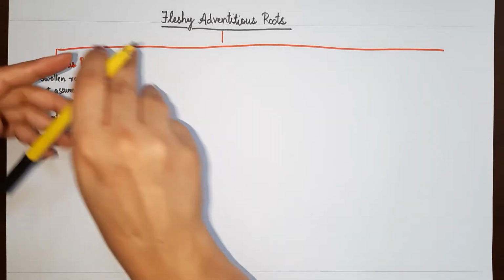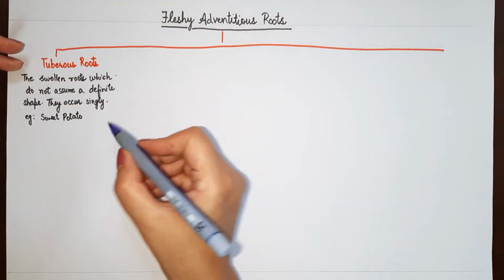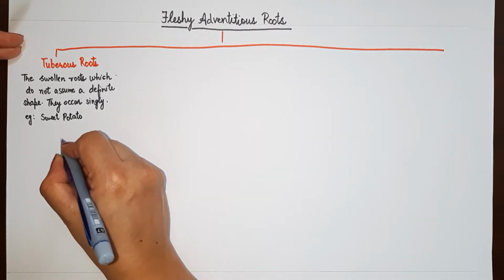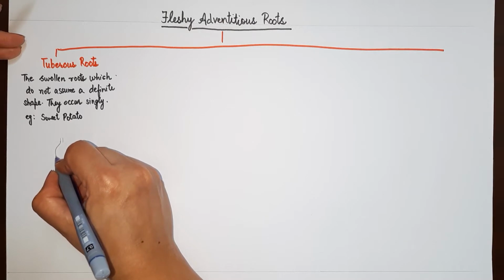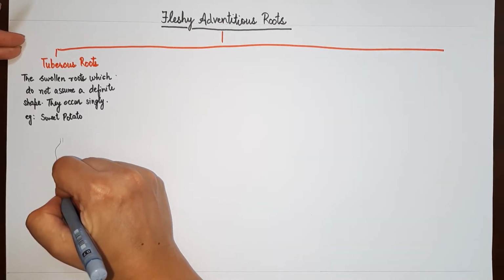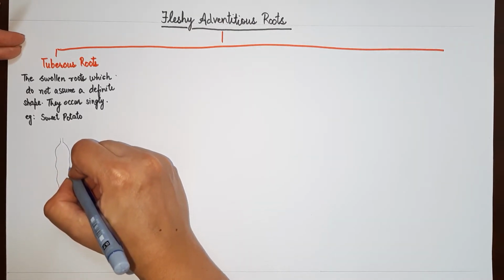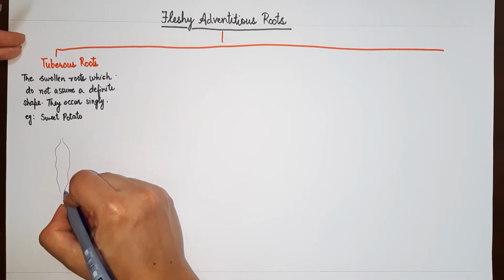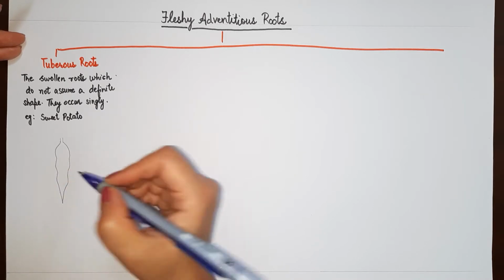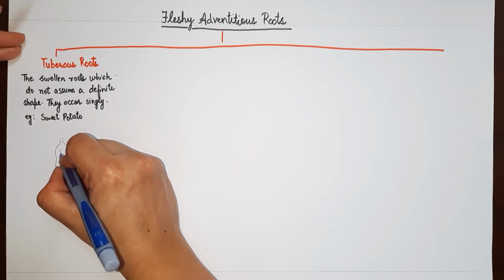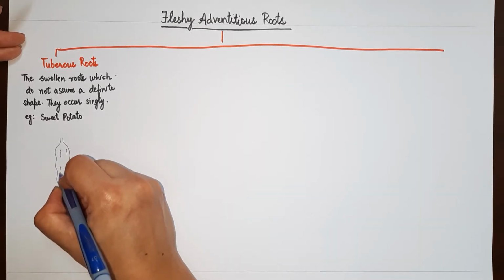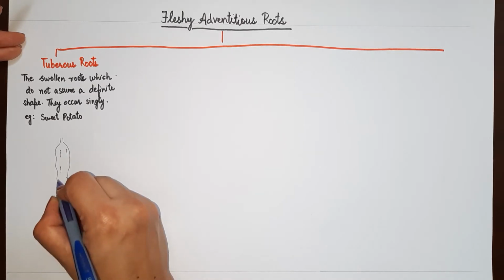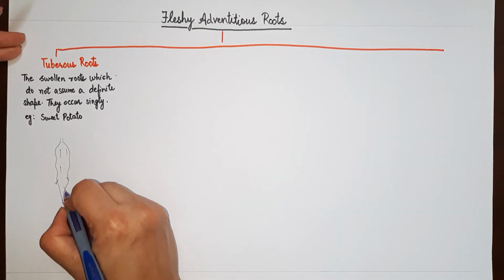You must have observed a sweet potato. It arises singly. Okay, so this is a diagram. You have to make an irregular structure which will gradually taper, and on its surface numerous secondary and tertiary roots are present.